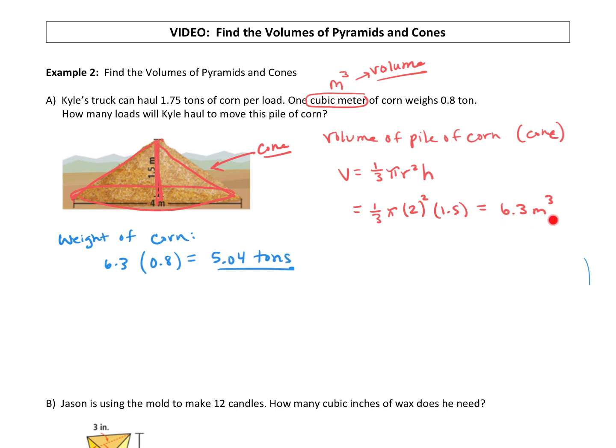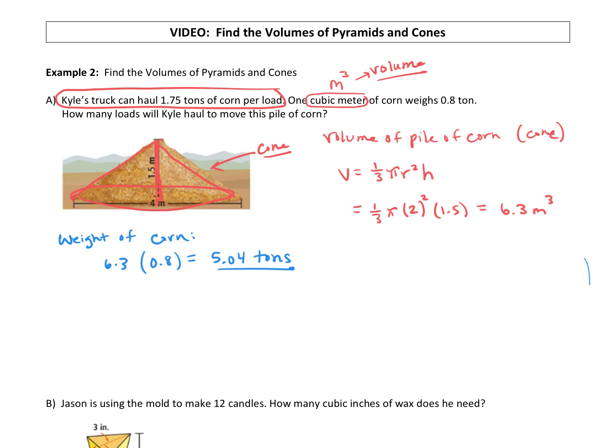So the corn has this volume, and we just figured out the weight of that volume, 5.04 tons. Now how many trips does Kyle need to make? How many loads? Each load, his truck can haul 1.75 tons of corn. So he has to move 5.04 tons.